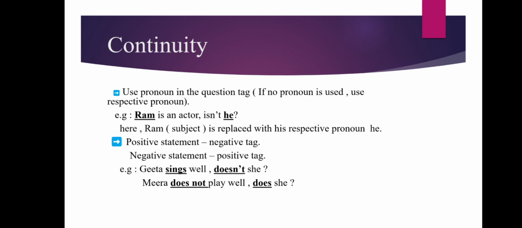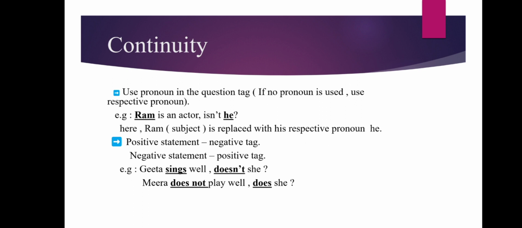At last we end this with a question mark. If no pronoun is given in the statement, you have to look at the subject, identify which gender it is, and then according to the gender transform that subject into a pronoun to construct a question tag at the end of the statement.